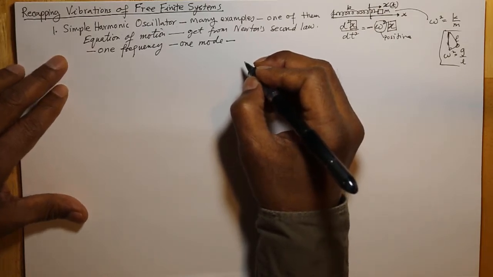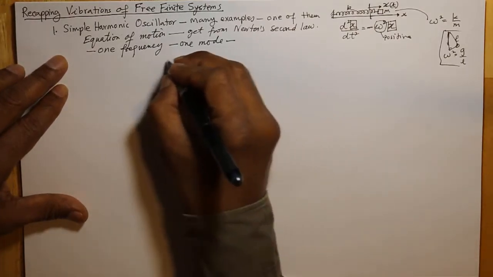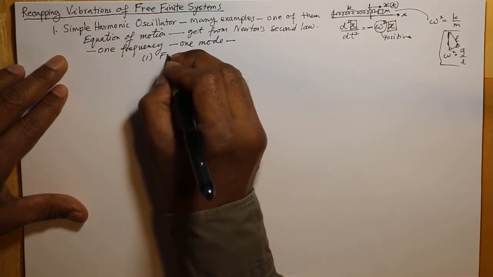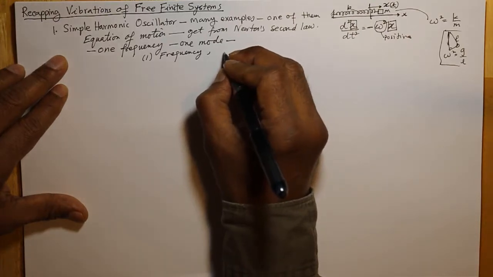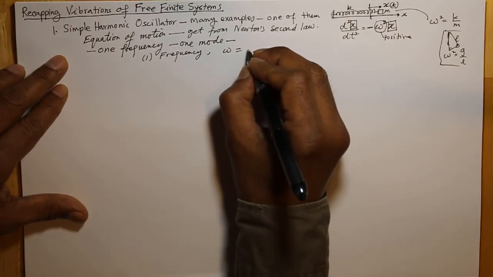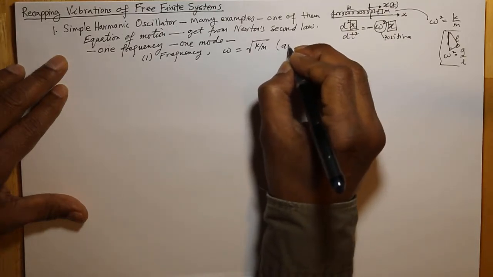And so the solution is, first, the frequency of this mode, the angular frequency omega, which is the square root of k over m.